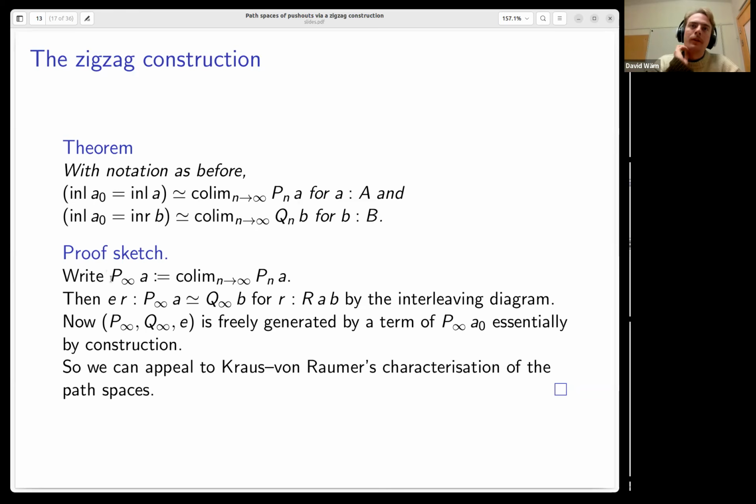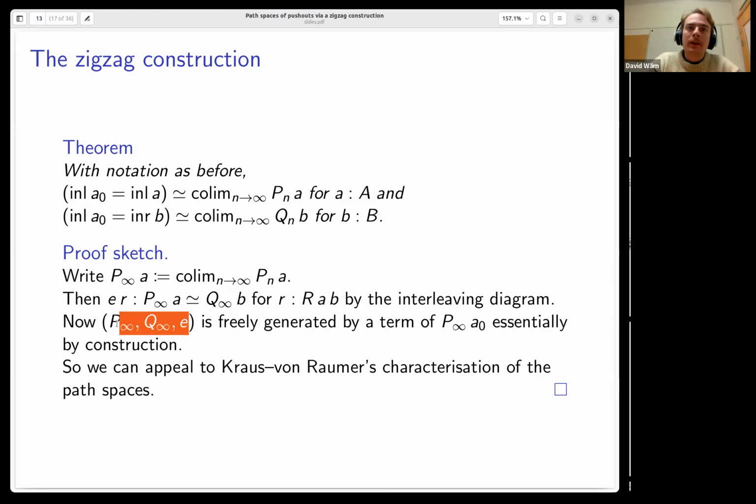So if we denote by P infinity the sequential colimit, and in the same way, Q infinity is the sequential colimit of Qn, then we have these equivalences between the sequential colimits, E R, whenever we have a witness that A and B are related. And this is the equivalence induced by this interleaving diagram. It's this lemma we had before, that for an interleaving diagram between sequences, you have an equivalence between their sequential colimits.